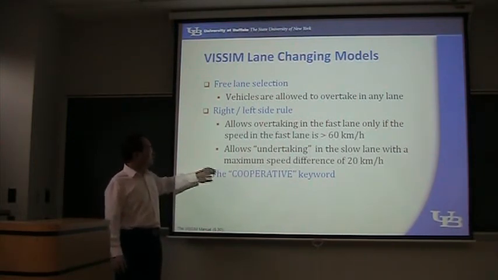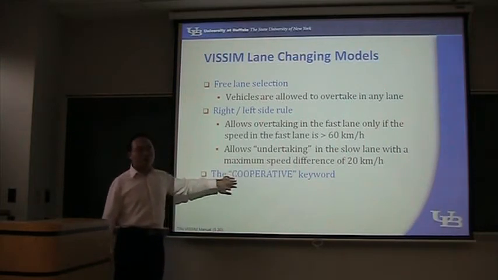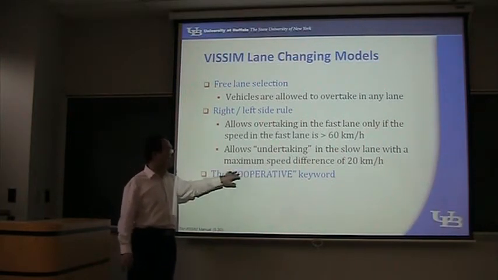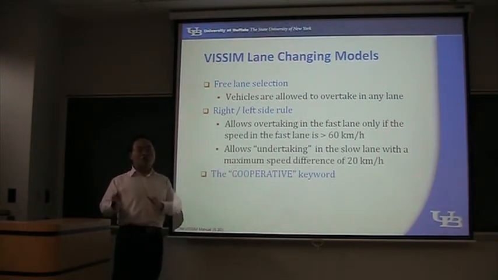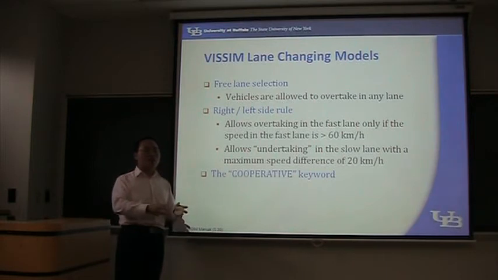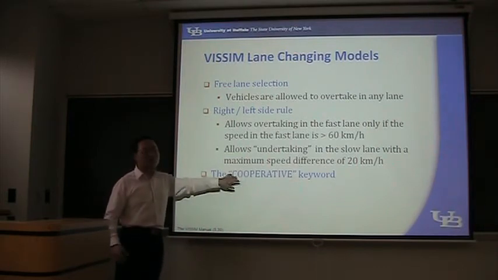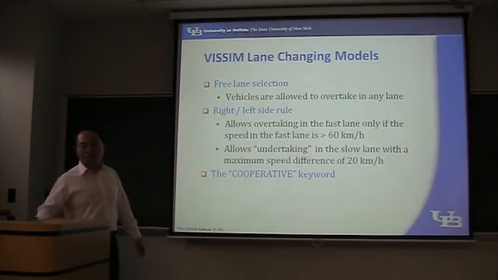Remember this. If you specify this keyword, please check the manual for how to use it. Then when the vehicles are changing lanes, they will be cooperative, which means the lagged vehicle will slow down or even change to another lane to let the vehicle change lane. So the lagged vehicle will be more intelligent if you specify the cooperative keyword.